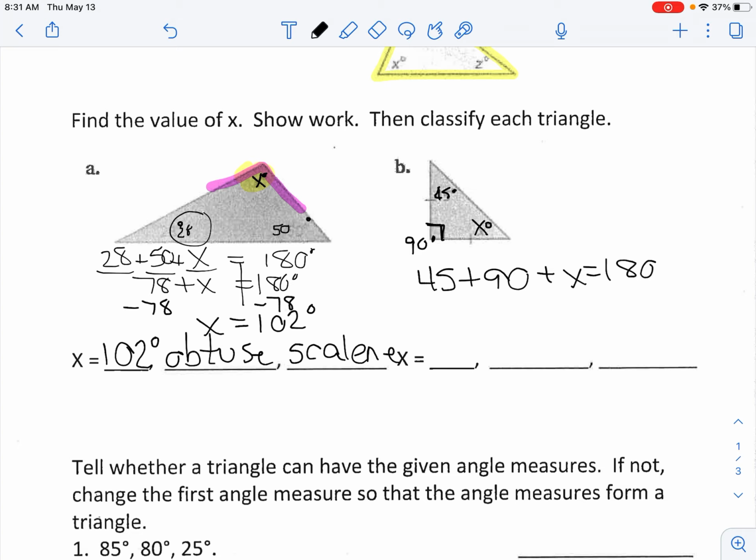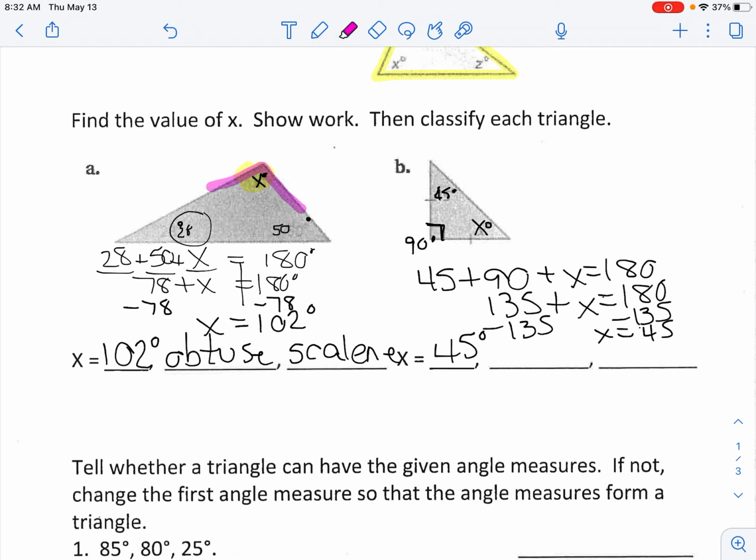So I'm going to combine like terms on the left side. So 135 plus something equals 180. Inverse operation, subtract 135. So that tells me that X equals 45. So X equals 45 degrees.